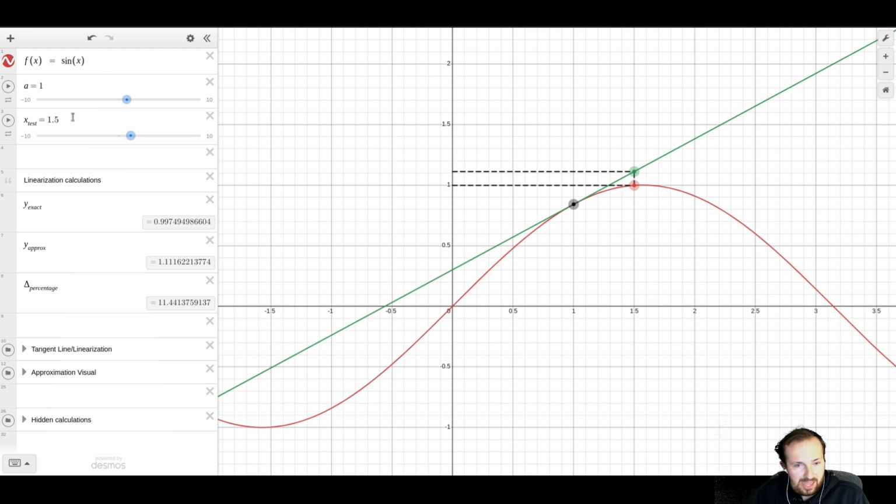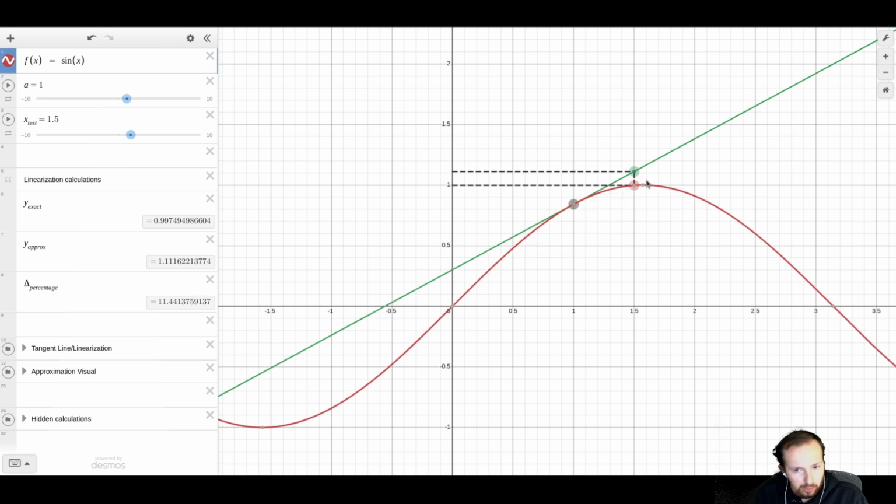If you just take 1.5 and plug it into the equation of the tangent line that you found previously, or the linearization that you found previously, you will get a y value out. And that's essentially what we're seeing here. This y value that you get out, you can see 1.111, that is the approximate y value. That's the y value that you get if you pretend that the linear approximation is the actual function around that point.